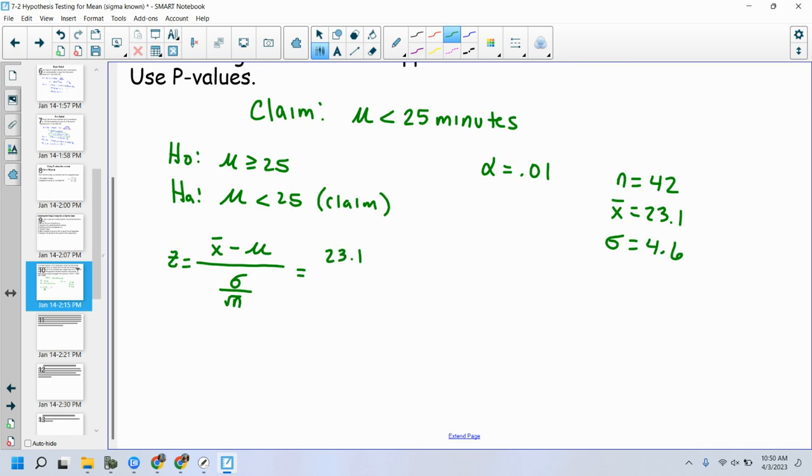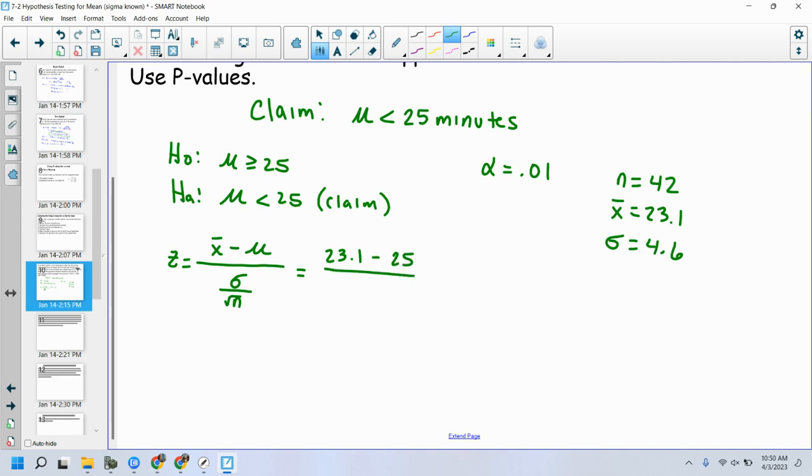You might be saying, if my sample was 23.1 and I want to show that it's less than 25, isn't that enough? But my sample is 23.1, and my sigma is 4.6. So is it far enough below to negate my standard deviation? That's what we're really looking at here.